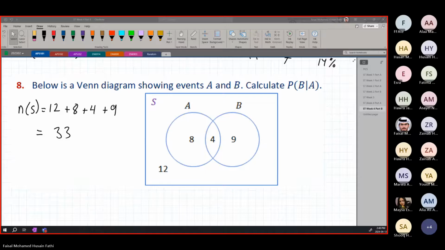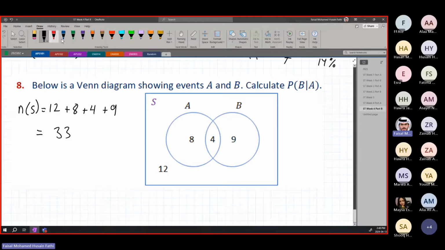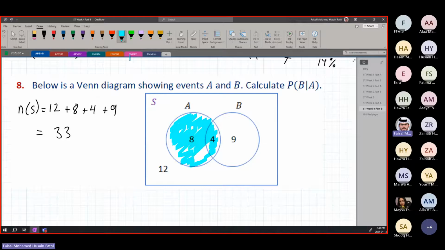Now, since we have P of A, remember that this whole thing is all of A. This entire blue circle is A. So we know that n of A is equal to 8 plus 4, which is 12, because the whole blue circle here is the set A. So let's look at B now.